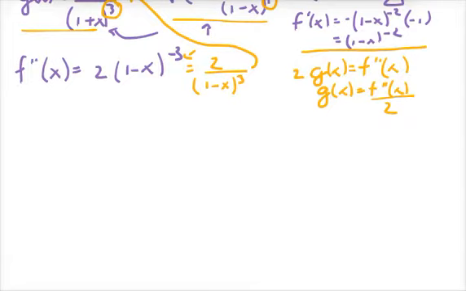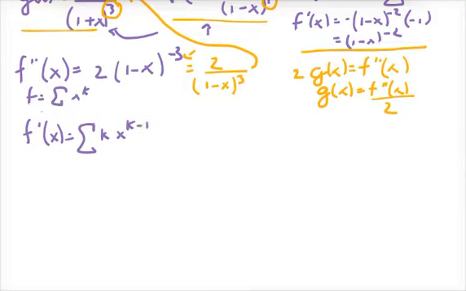Since we know it's a geometric series, I'm going to just manipulate the indices in this example. So if f is equal to the sum of x to the k, the first derivative, f prime of x, is simply equal to k x to the k minus 1.